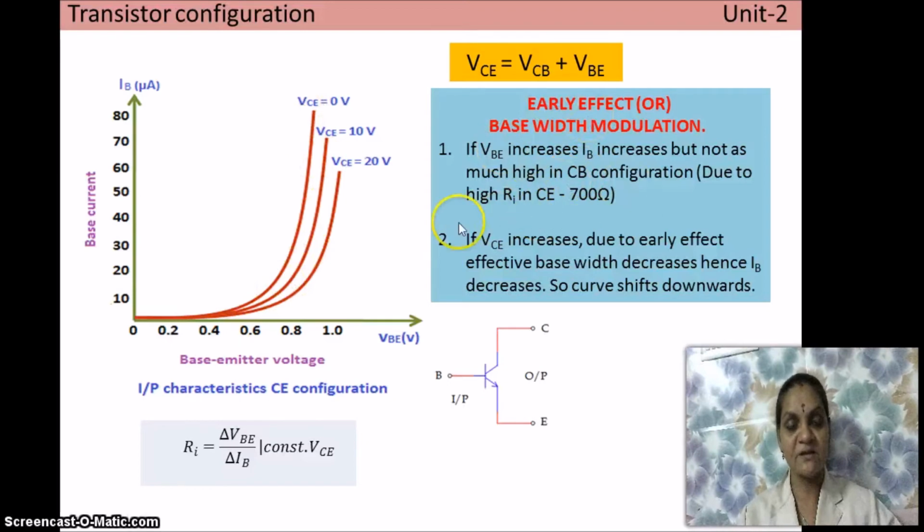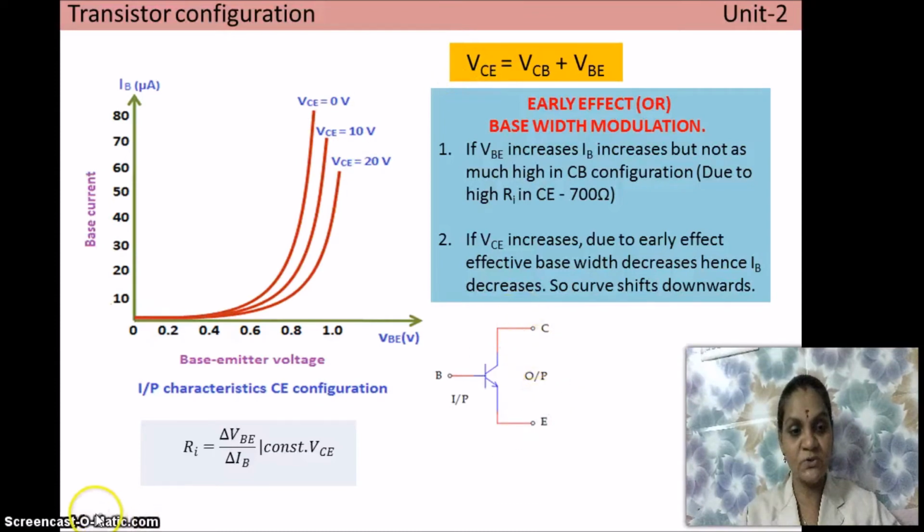Keep this in mind. And again, if we increase the output side voltage, that is the reverse bias voltage, let's see what's happening. If I am increasing VCE to 10 volts, you have to keep this expression in mind. VCE is the output side voltage.